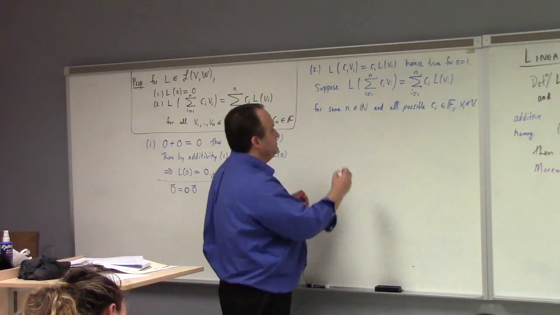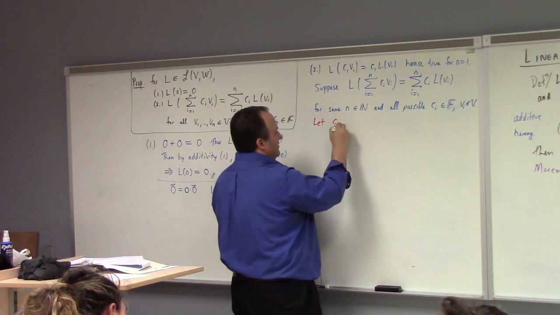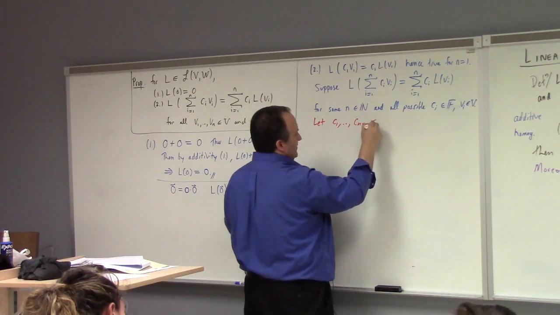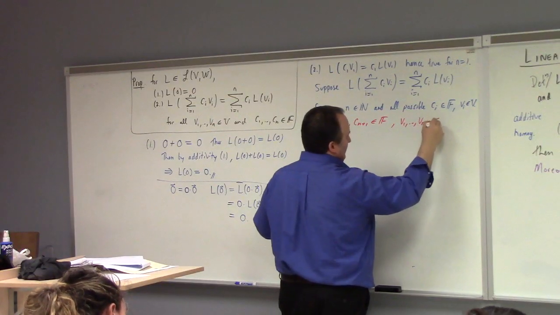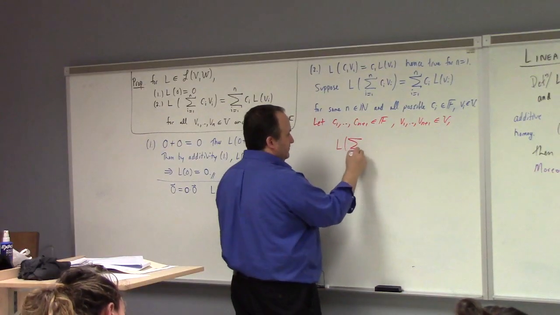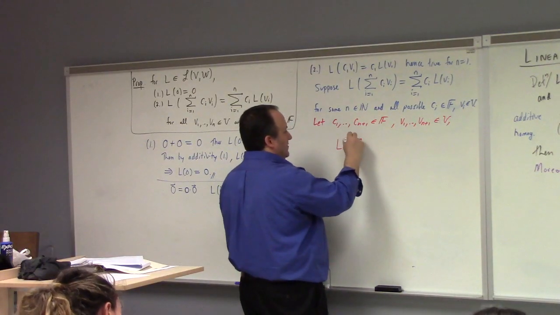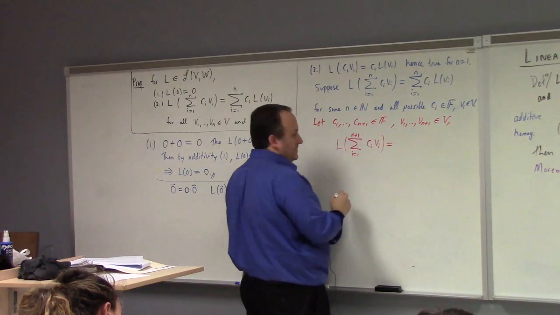We look at L. So let C1 through Cn plus 1 be in the field, and V1 through Vn plus 1 be in the vector space. And we have L of the sum i equals 1 to n plus 1 of Ci Vi, right?